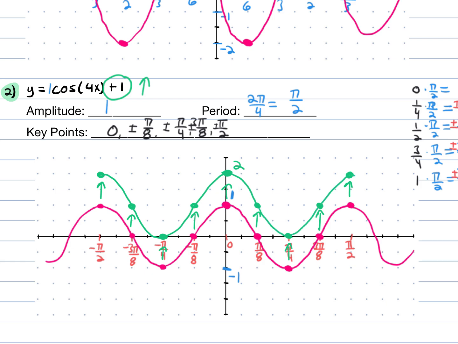So it looks something like that. So the green one's your final curve. And then from there, you can kind of sketch the rest. All right, are you okay with that one, guys? Okay, I'll leave it up there for another second.